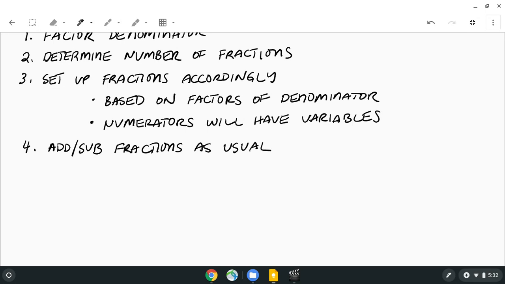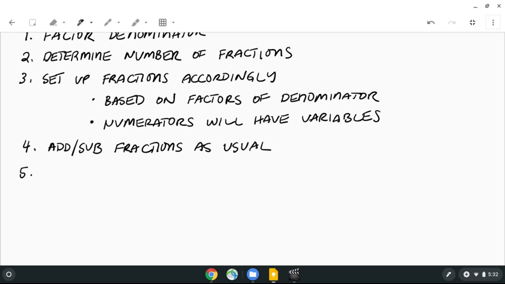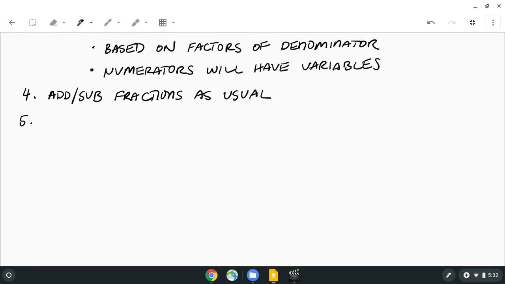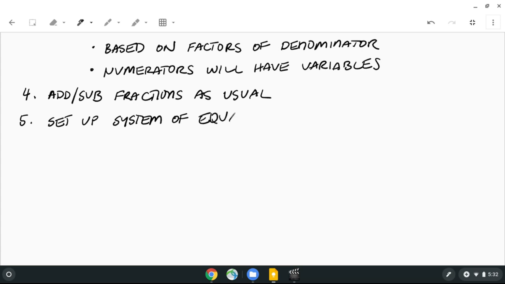Then once you have the answer there, you're going to set up a system of equations and solve. If you remember, we started this chapter 10 with solving systems. So here is just another example of where we need to know how to solve systems of equations so that we can find the partial fraction decomposition.